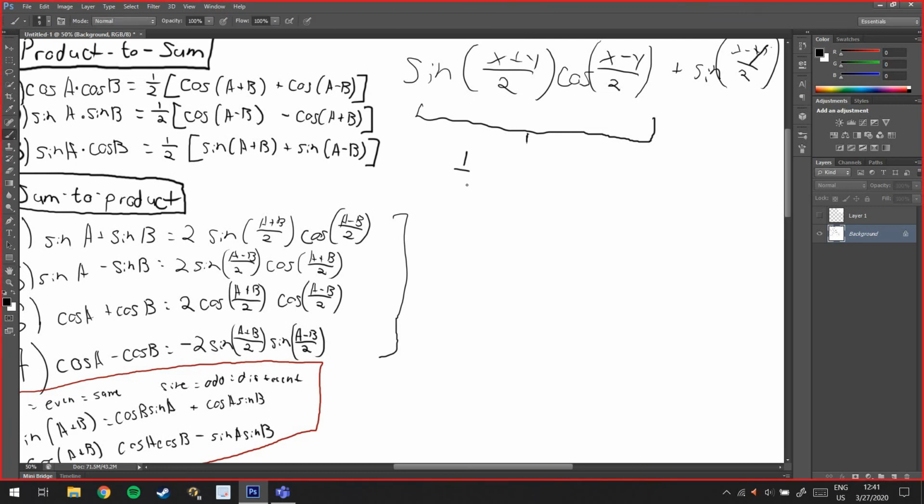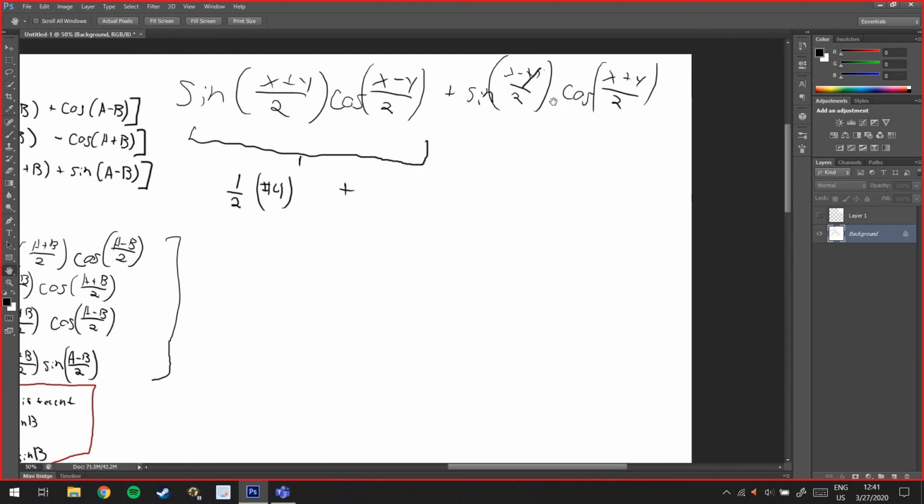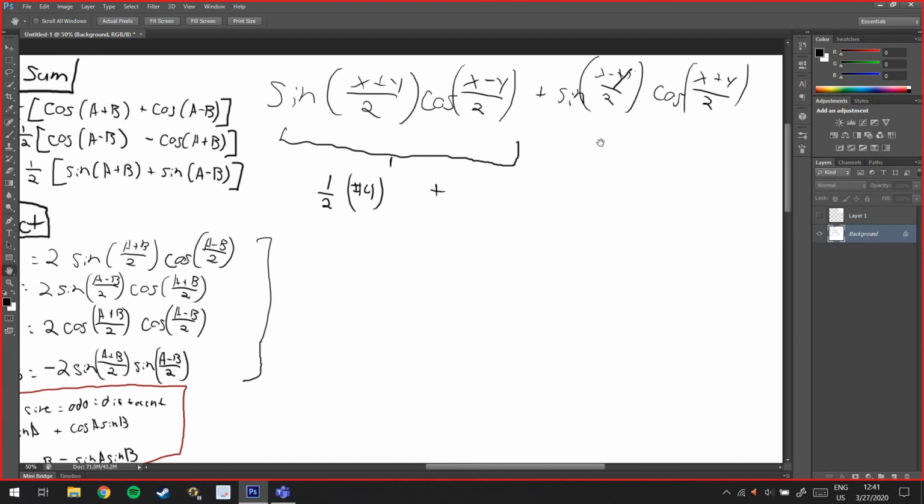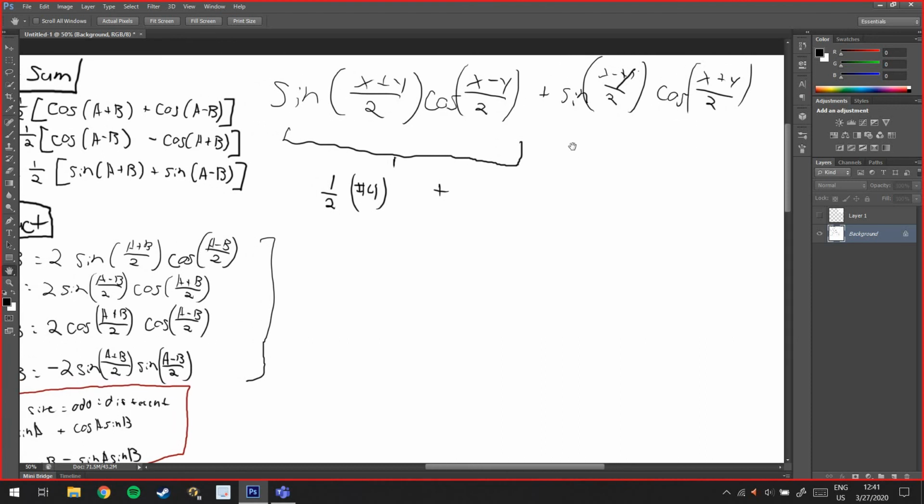So I have half of number 4. And what does the other half look like? It looks like half of number 5.